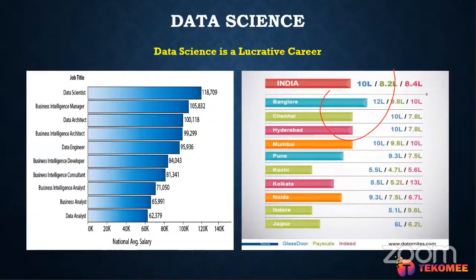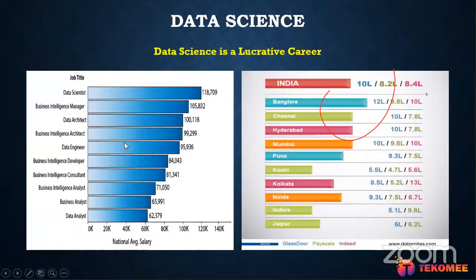Before that, you should also know what the compensation is that makes data science a lucrative career, right? If you see the left hand side chart, these are the average salaries in US dollars, and you can see that a data scientist gets almost about 100,000 dollars in the US, right?